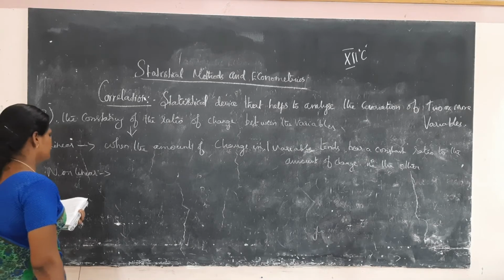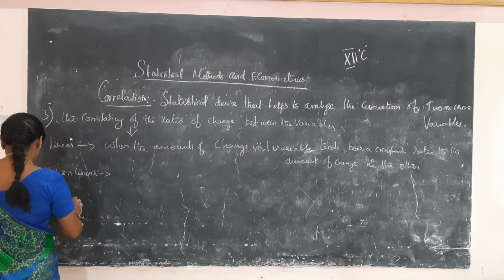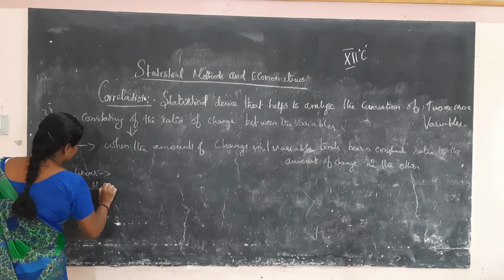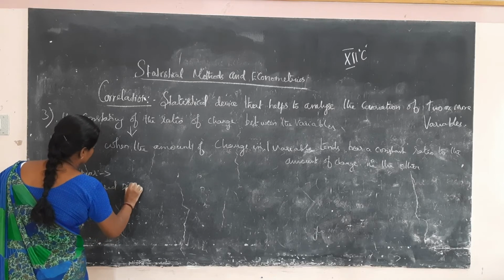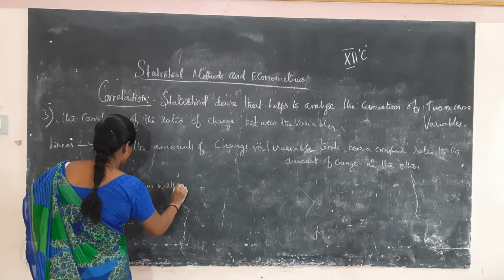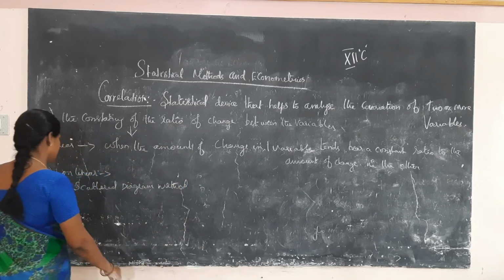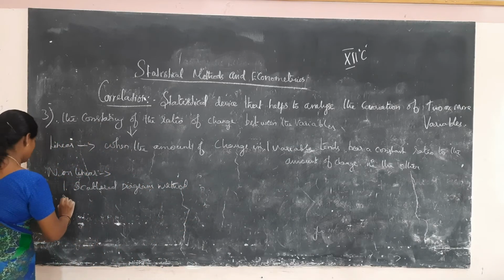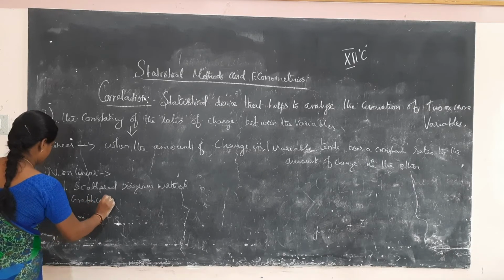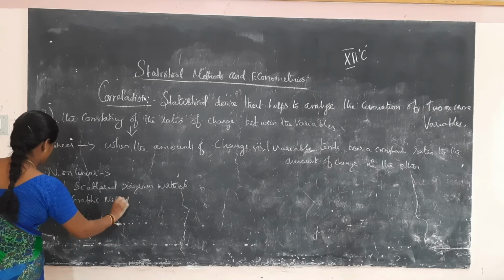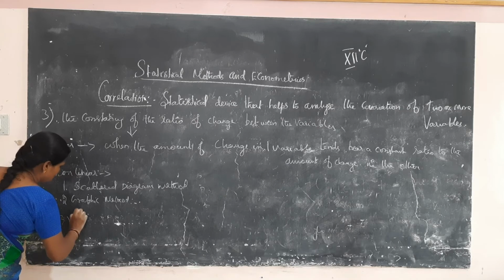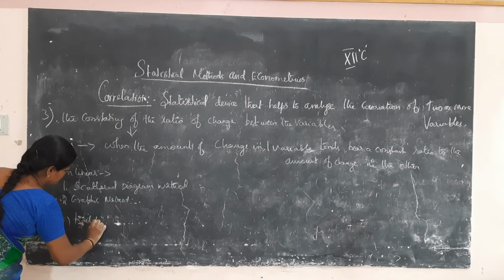Then the methods of studying correlation. First method, scatter diagram method. Next one is graphic method. Third one is Karl Pearson's coefficient method.